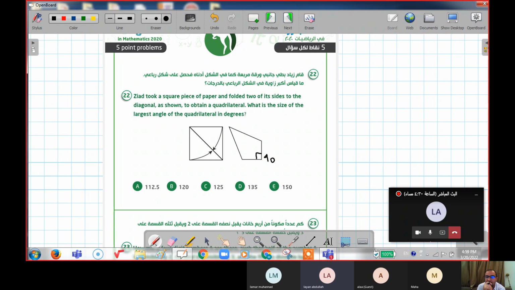So I think it's 45, and if we add the measures inside a square, it's going to be 360. Yes, of course 360, but we have many acute angles. You cannot say only 45. It can be 25, 30, 35, 50, 55, 33, 37. All of them are acute angles.